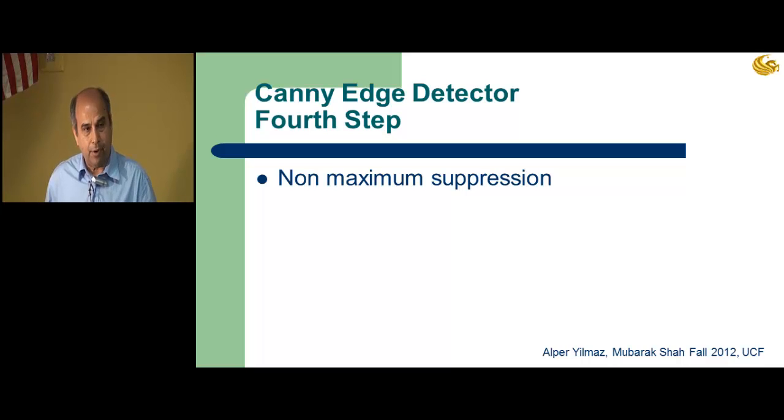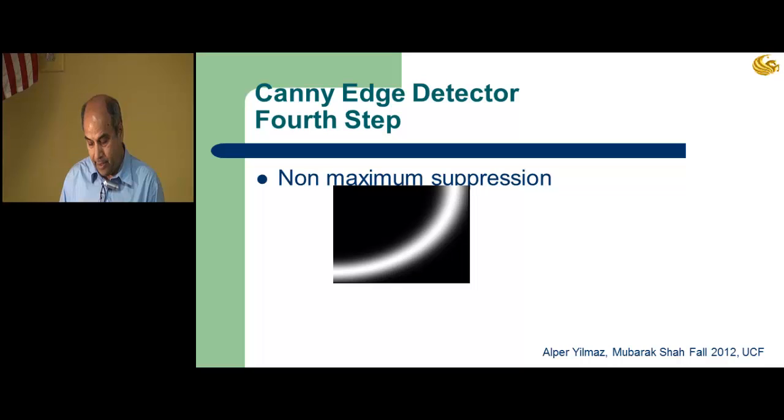One is the idea of non-maxima suppression. You need to listen to this carefully. From the term, it implies that we want to suppress the non-maxima, suppress the pixels which are not local maxima. Here is an example.